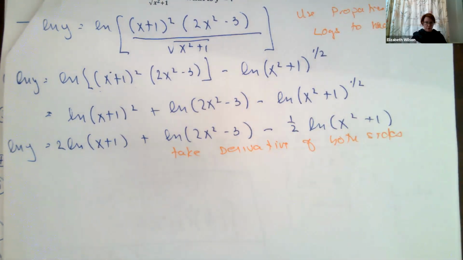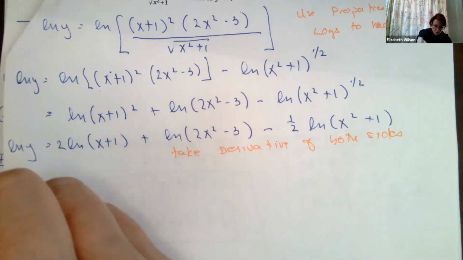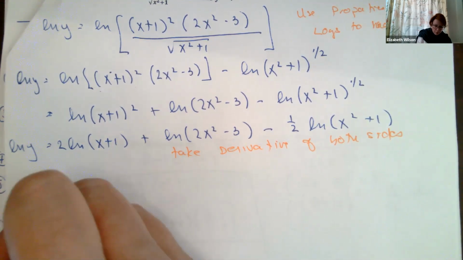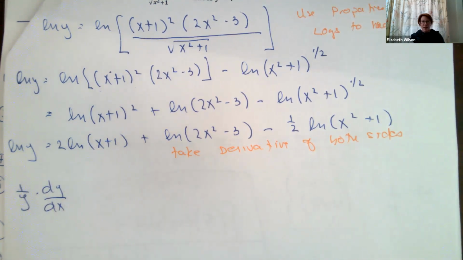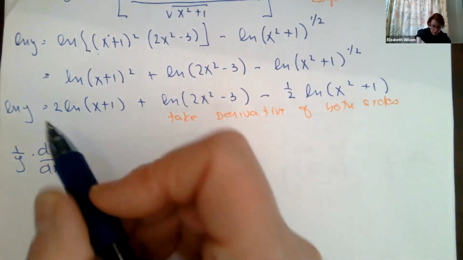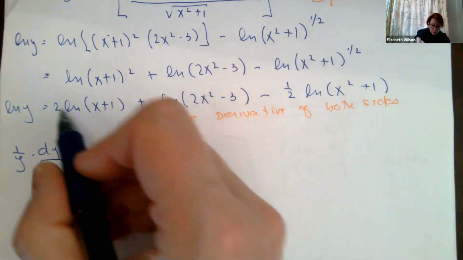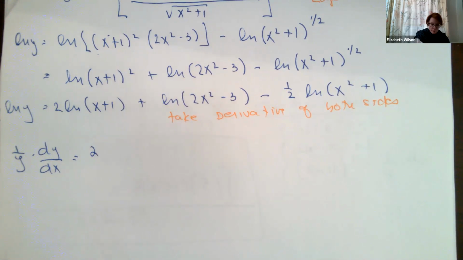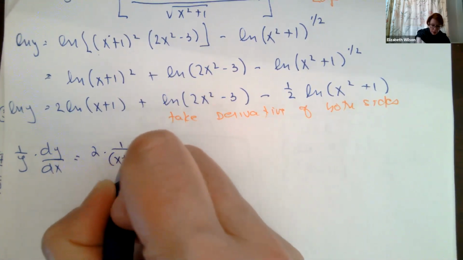Okay, so I'm going to take the derivative of both sides, which means the derivative here is going to look like 1 over y times dy dx. That's really important because I need to solve for that dy dx, right? This is my chain rule, but this is also what I'm aiming for when I go to solve. All right, now I'm going to take the derivative of all of this. So 2, this is my coefficient, times 1 over x plus 1 times my chain rule.